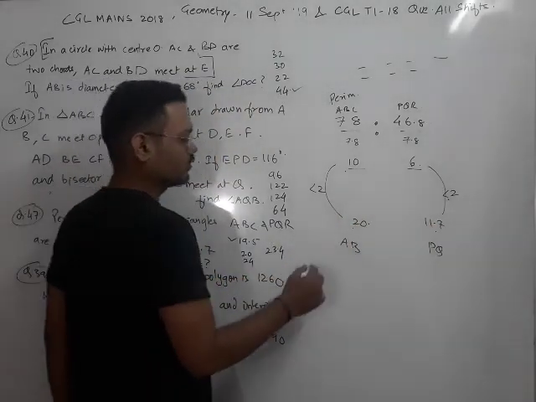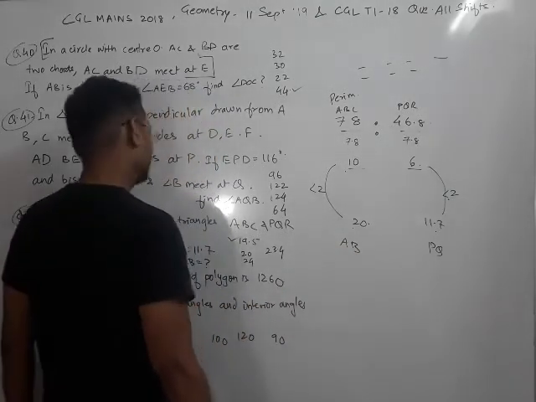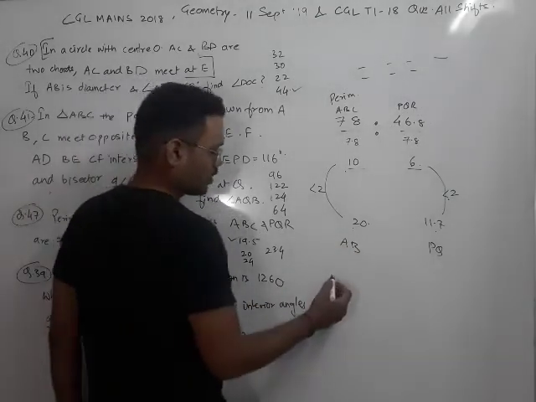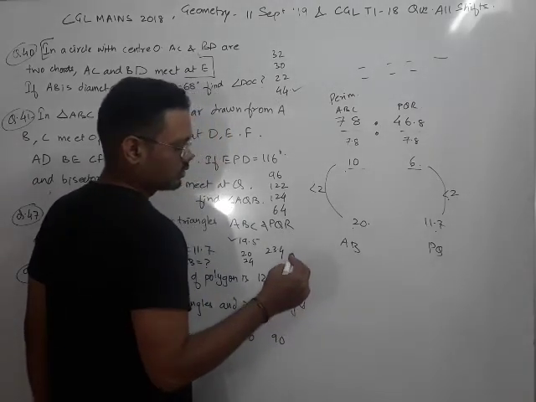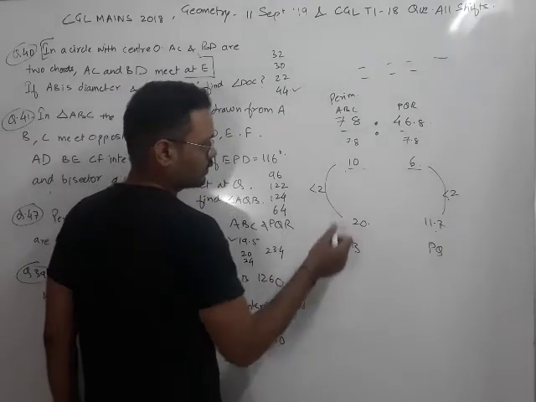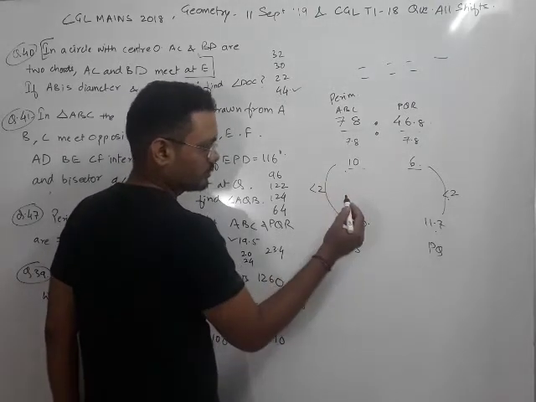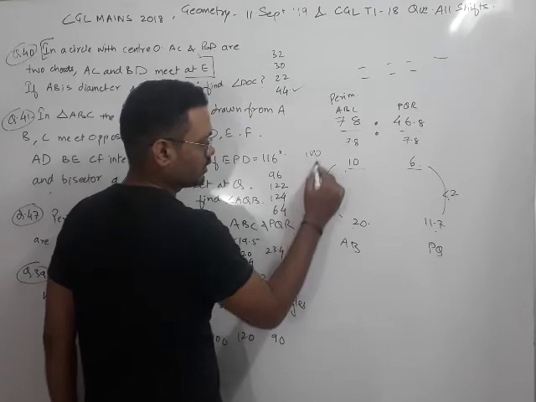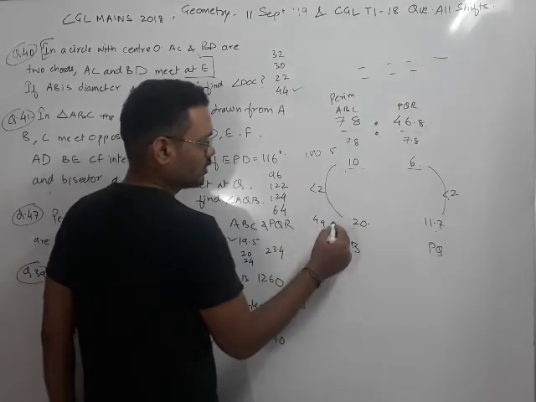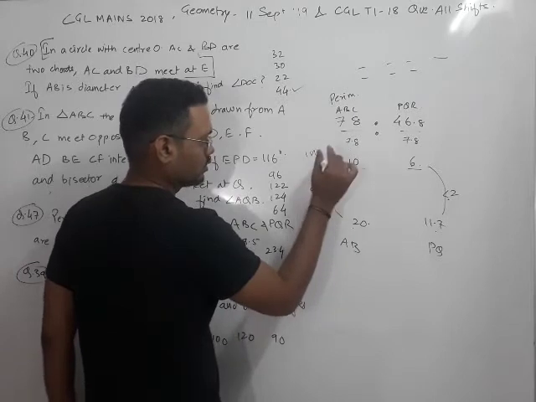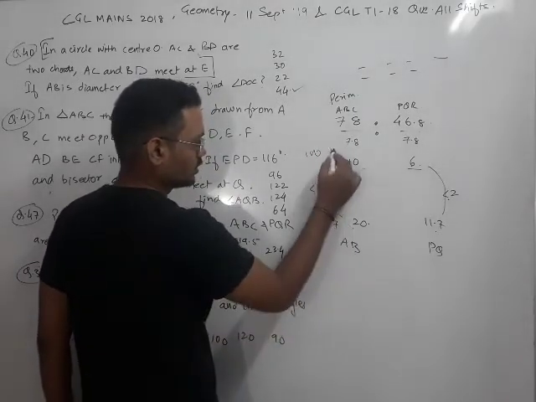If you remember, on 4th June, second shift, in one of the answers I have done like this only, where triangles were similar, area was given 100 and 49, one altitude was 5, another was 7.